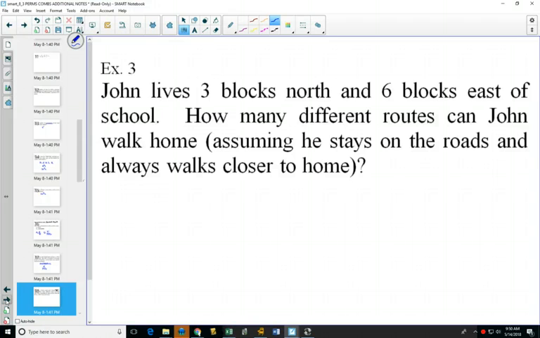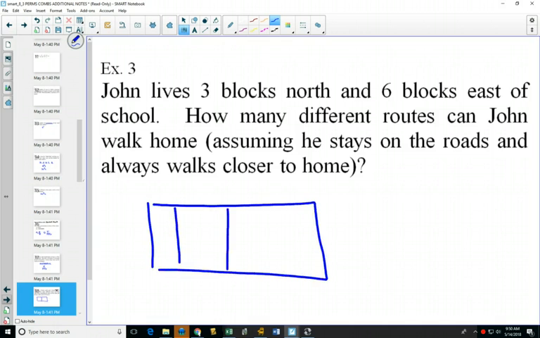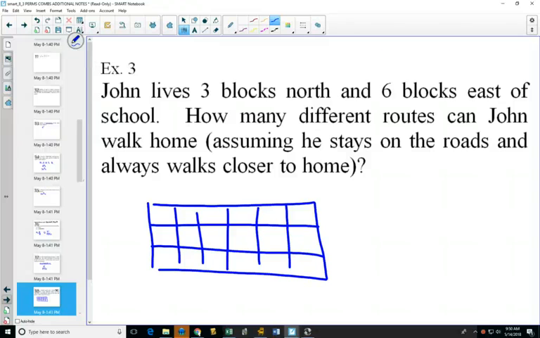John lives 3 blocks north and 6 blocks east of school. So we've done one like this already before too. So his house is here, school is there.